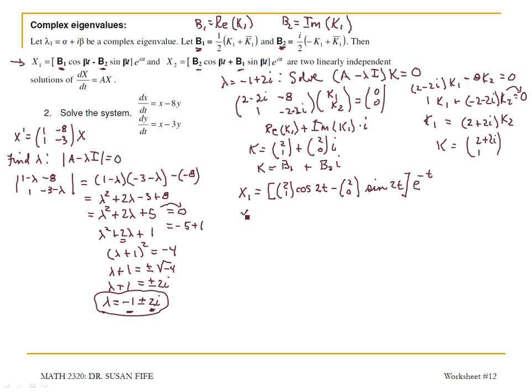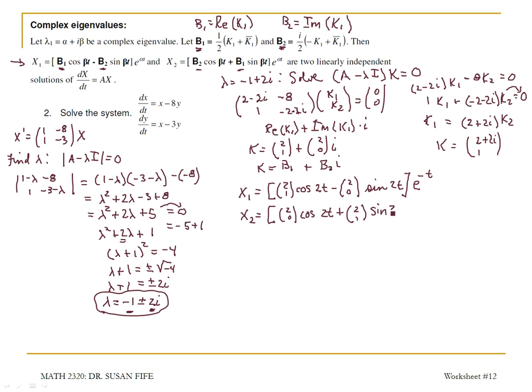And my second solution is b2 cosine beta t. b2 is this vector 2, 0 cosine 2t plus b1 sine beta t. b1 is a vector 2, 1.